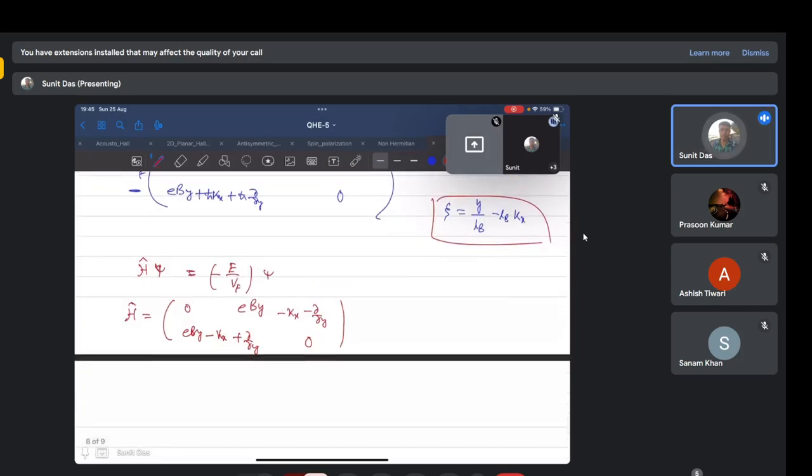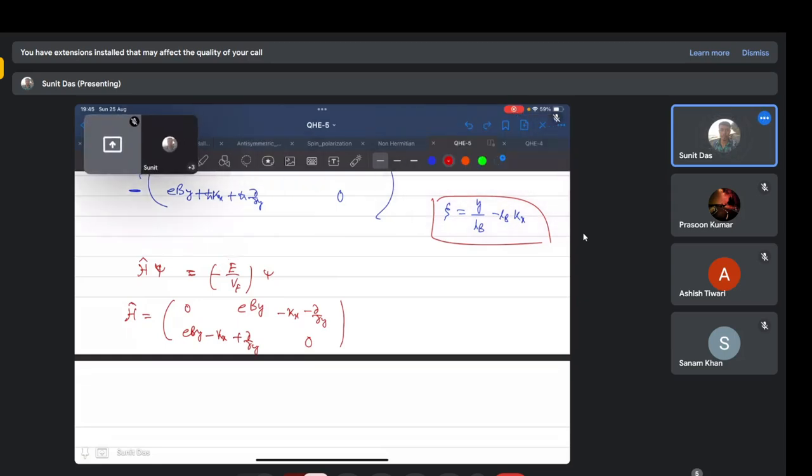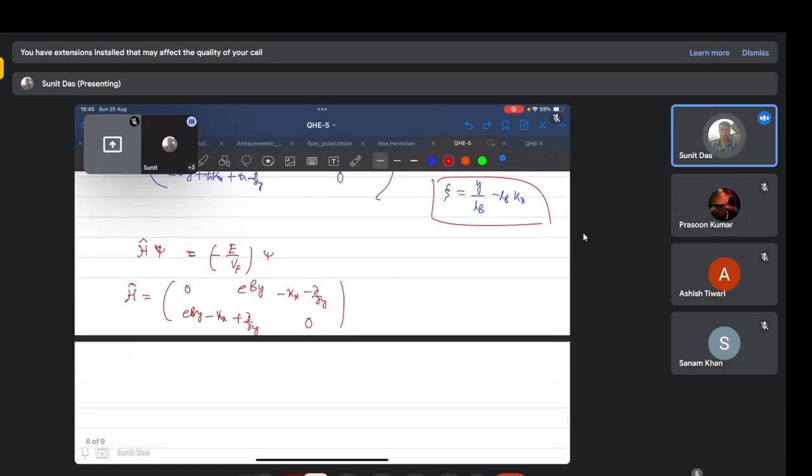So there is just a negative sign. That negative sign is picked up on the right hand side, and we have also transferred the Fermi velocity Vf to the right hand side, just energy by Vf.